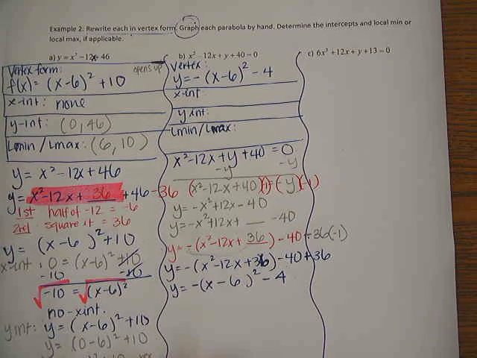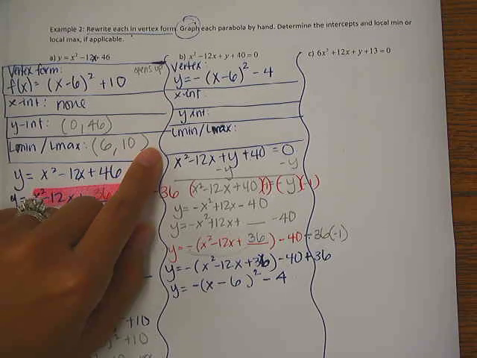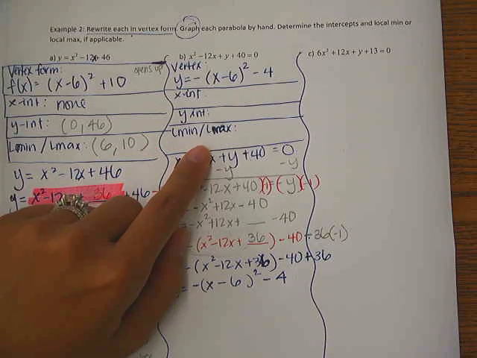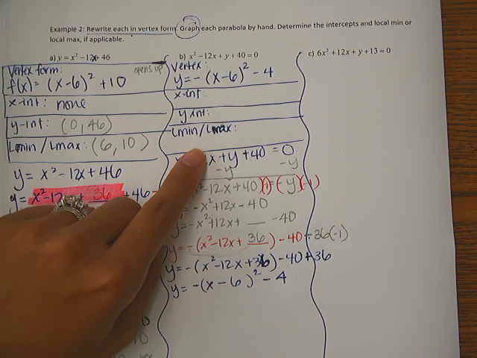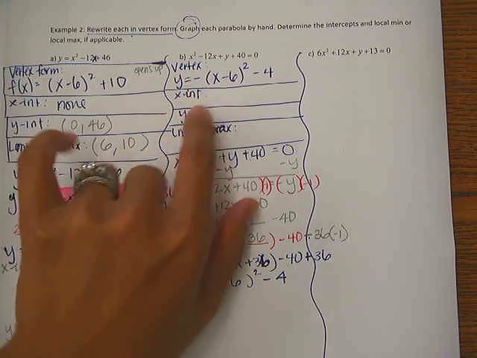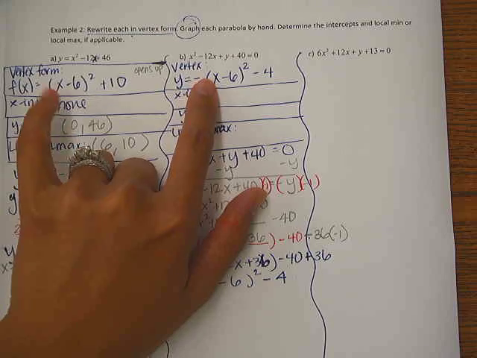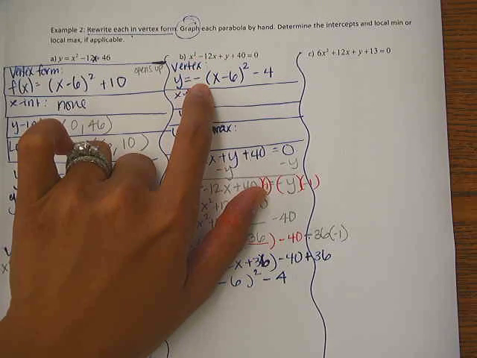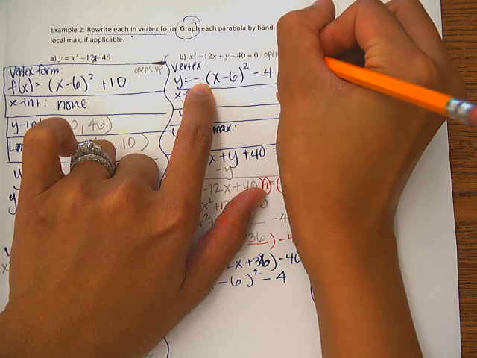Now let's go and find the local min or local max right away. To find the local min or local max, we need to decide, hey, how does it open? Does it open up or down? So let's look at these two. Look how similar they are, right? This one has a negative, this one has a positive. Because it's a negative, we know that it opens down.